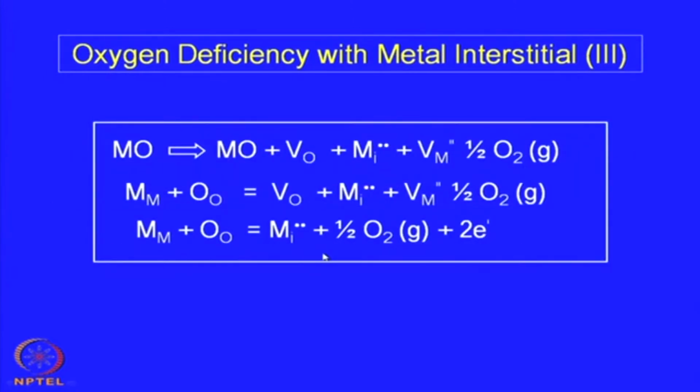The overall reaction will be like this. This is to denote what is happening physically in the lattice, with both charge and mass balanced, and finally this is the equation one has to write for this reaction. But in both cases it is oxygen deficient. Okay. The ratio of metal to oxygen is more than 1.